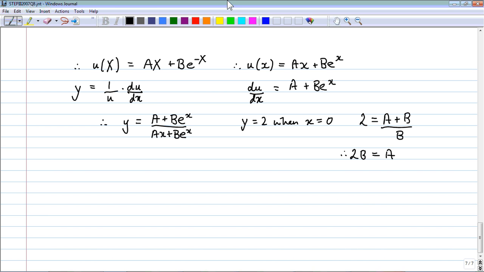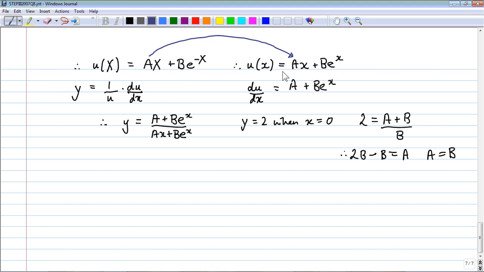Sorry, just let me be a bit clearer. That should be 2b minus b, isn't it? Yeah, 2b minus b equals a. So a equals b. Now, just in case that was a bit confusing, I want to emphasize that when I changed from the capital X to the lowercase x, this a has changed, hasn't it?